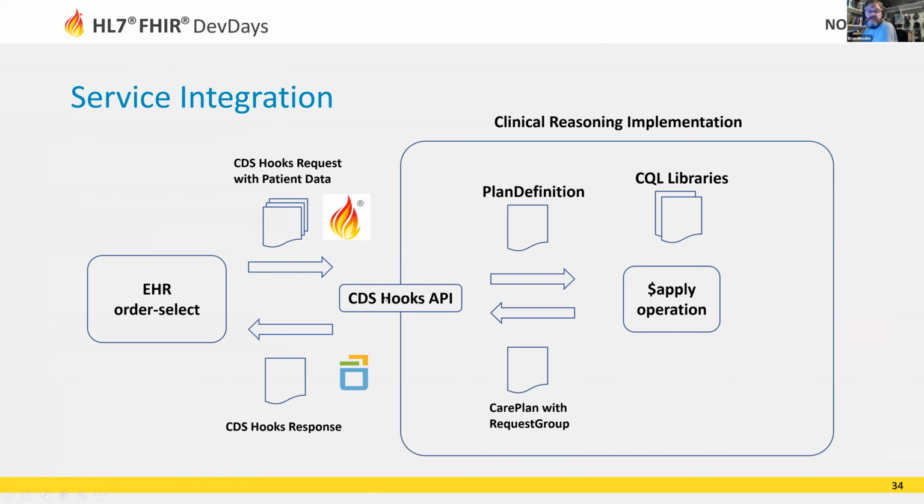So there's a CDS Hooks API endpoint for this service, and you can register that with an EHR, and when the order-select operation occurs, the CDS Hooks request with patient data is sent to that API. That plan definition processing occurs and evaluates the CQL logic against the data that was provided. And then that's turned back into a CDS Hooks response for display to the user.